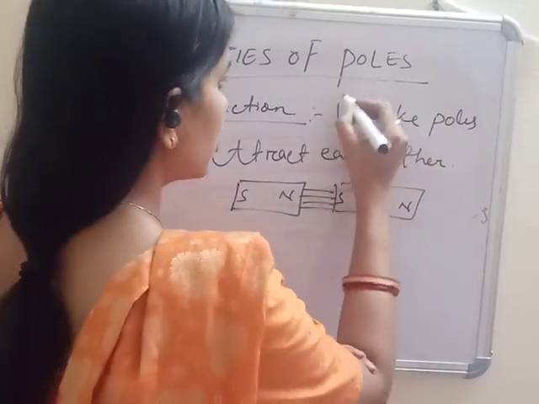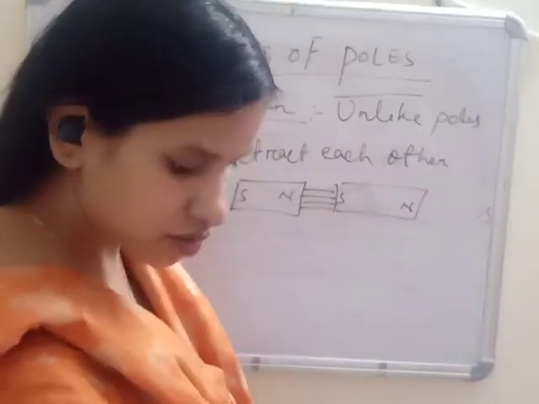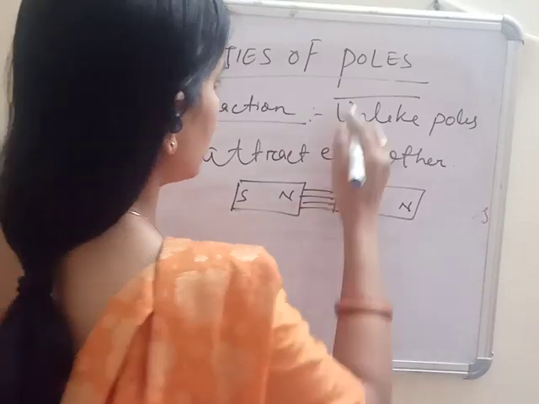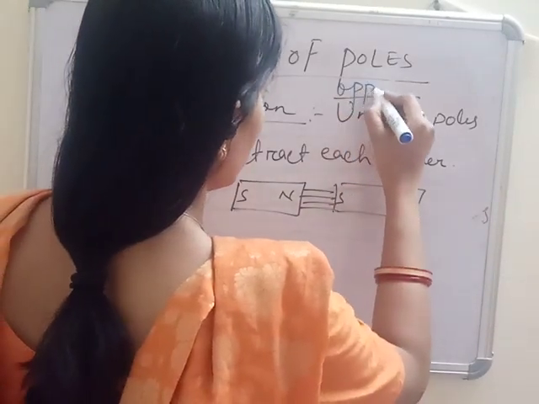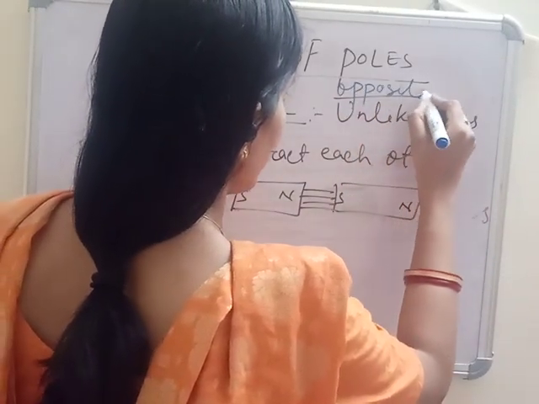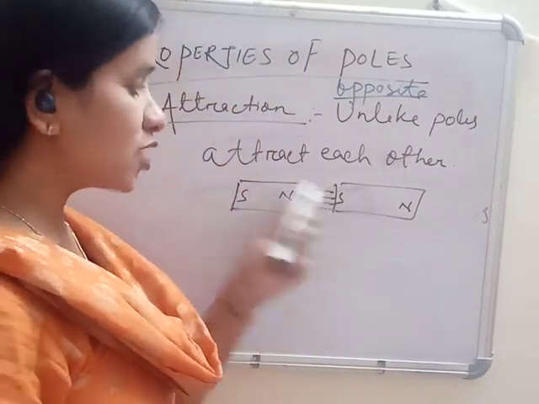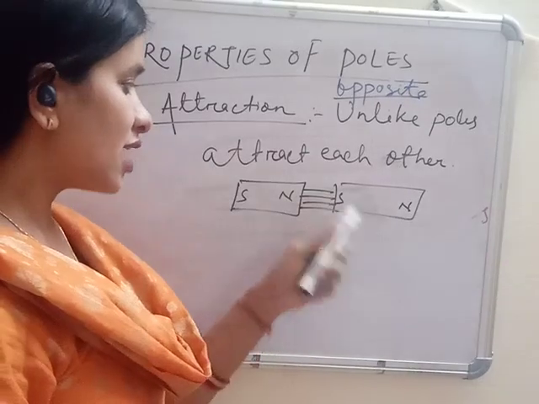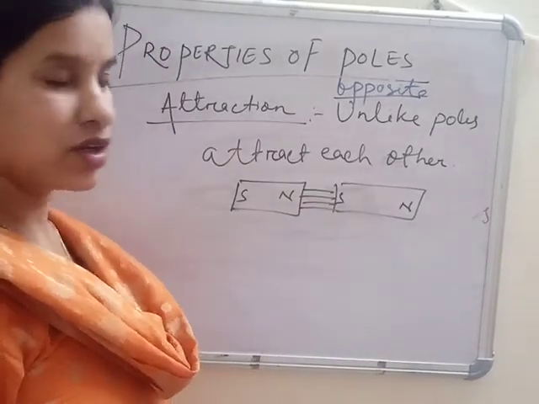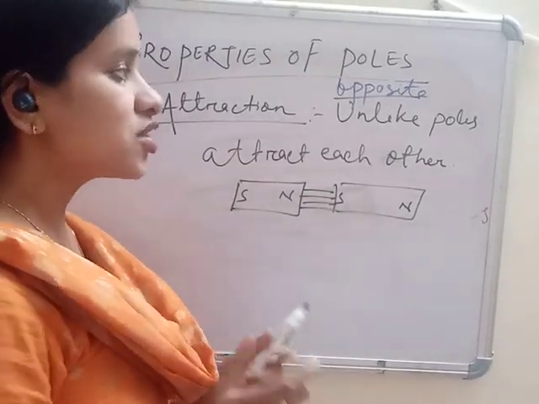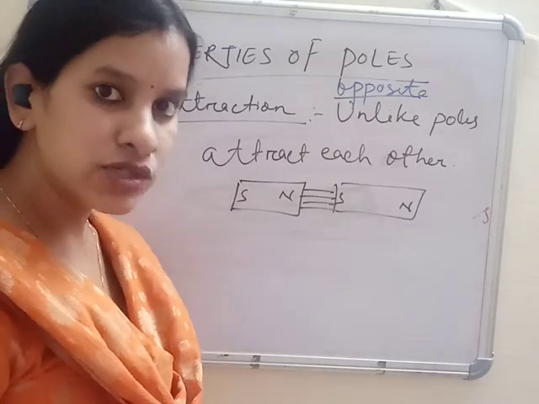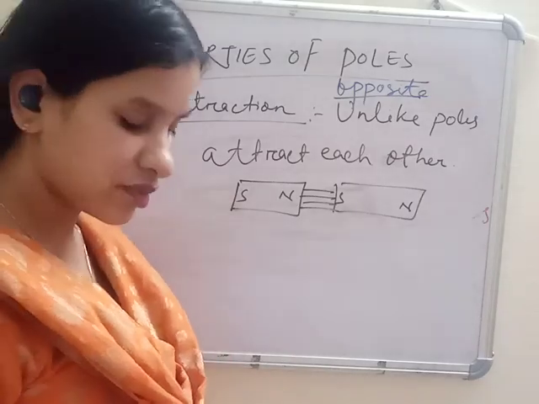You can write over here: unlike, it is an opposite pole. Opposite pole means north will be attracted by the south pole only, and south will be attracted by the north pole. So there is an attraction between opposite poles or unlike poles.